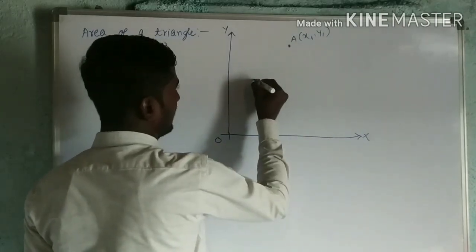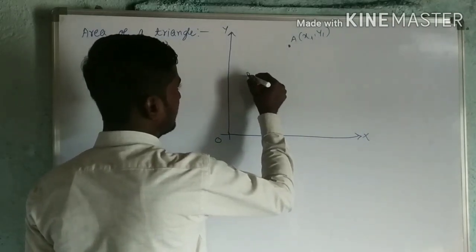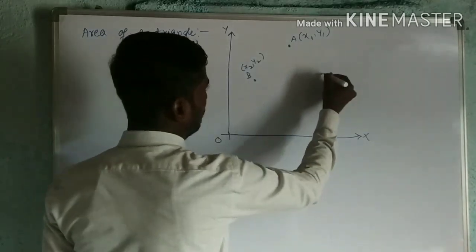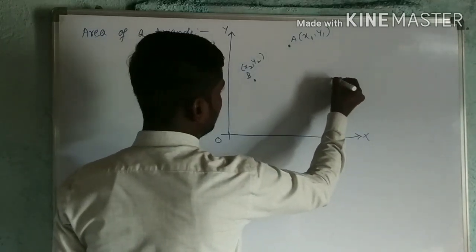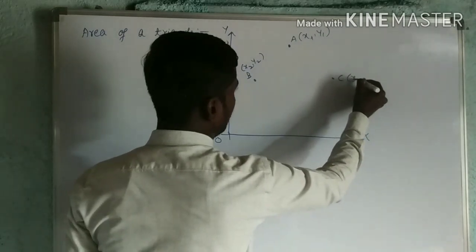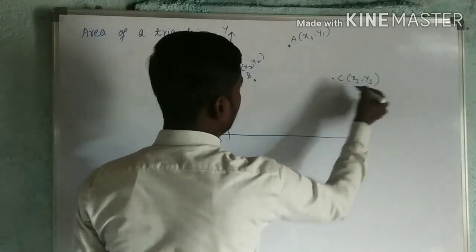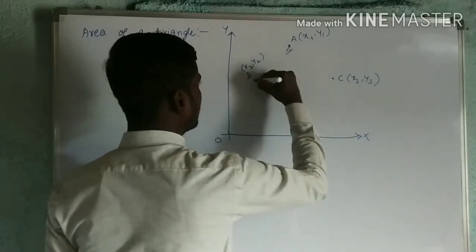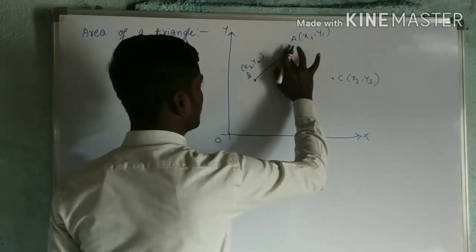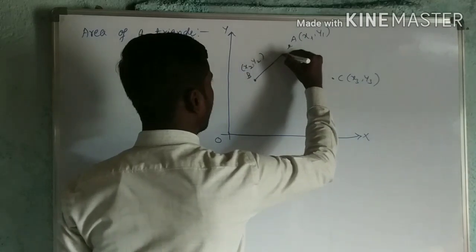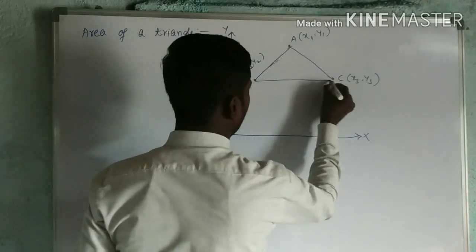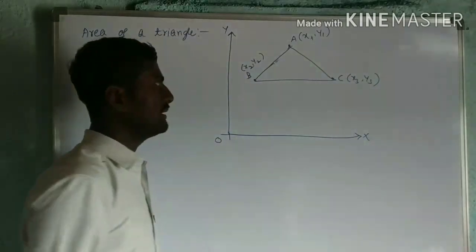Now I will take the point B here, B, x2, comma y2. And another point I want to consider here, C, x3, comma y3. Okay. So let us join these three sides. A, B, C. I got the triangle ABC.